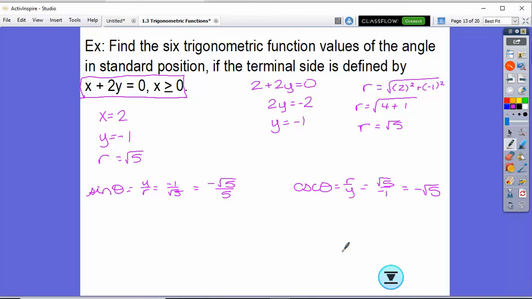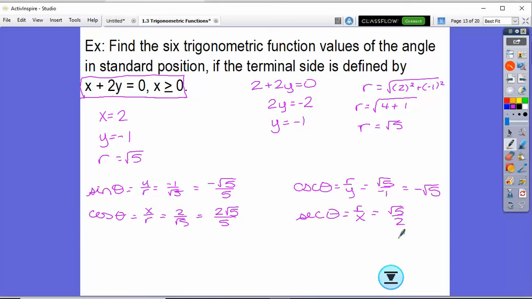Are you all right so far? So cosine, x over r, so 2 over radical 5. This gives us 2 radical 5 over 5. Reciprocal of cosine is secant, so that's your r over x.